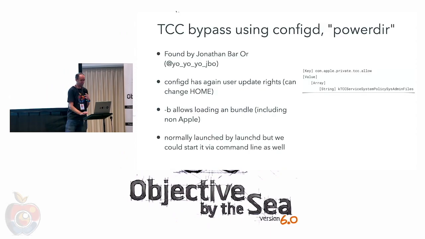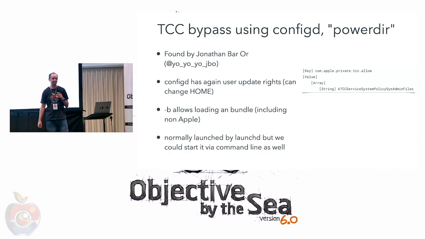Next one, we keep the theme with TCC: powerdir. This was found by Jonathan Bar Or, who works for Microsoft and also drops really cool bugs. He found that there is a binary called configd, which is normally a system daemon, which has the same entitlement that Directory Utility had. So again, it allows you to change the home directory of the user. Although it runs as a system daemon, nothing prevents you from running it from the command line.